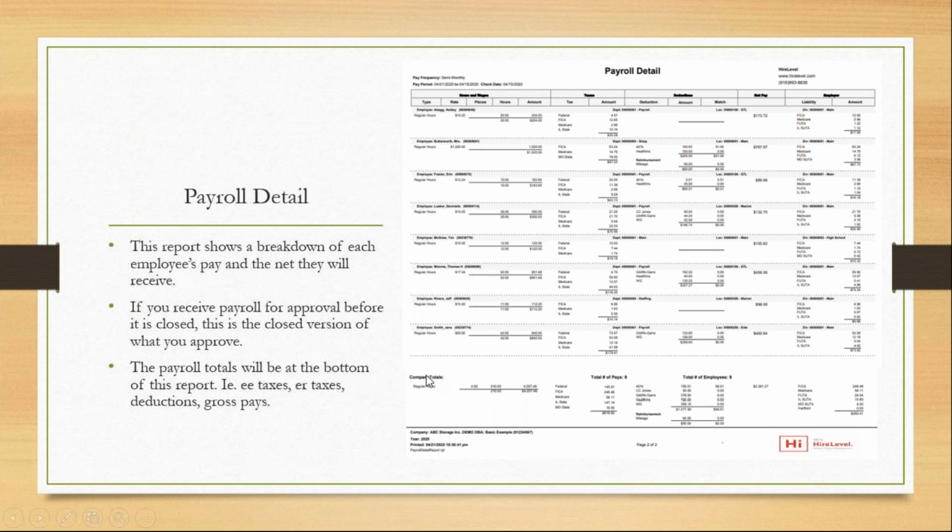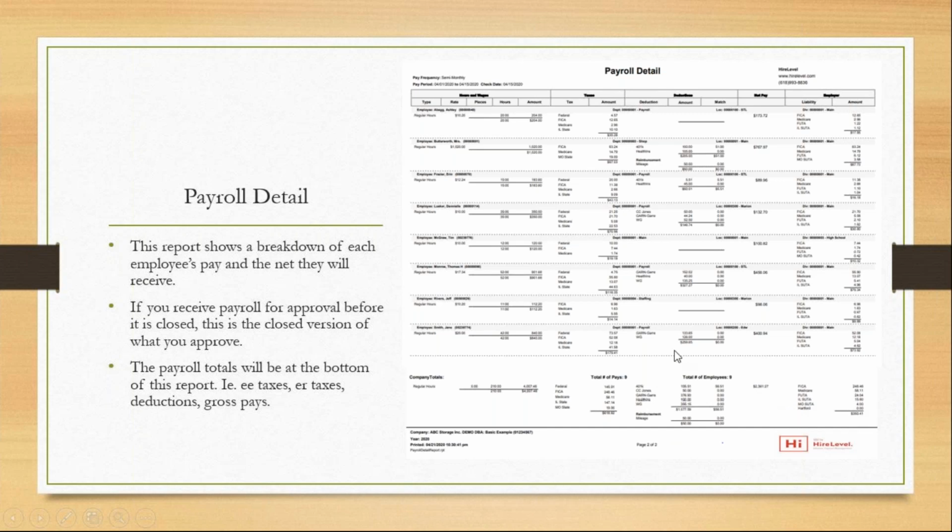And then at the bottom, this actually was from a second page, but I snippeted it and put it on here. You're going to see your company totals. So your total hours for that pay period, the total gross pay, total taxes and everything, all those broken down, as well as deductions, reimbursements, your total nets, and also your total employer taxes here.